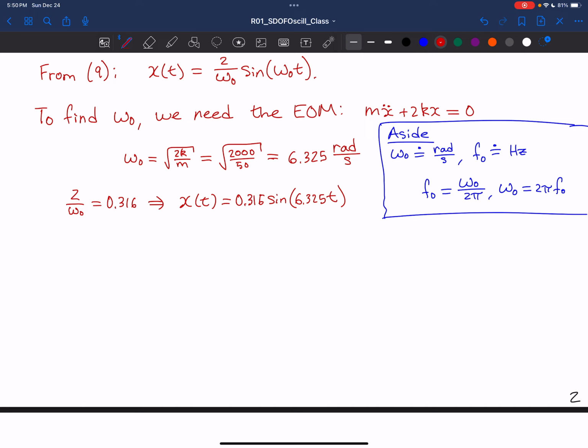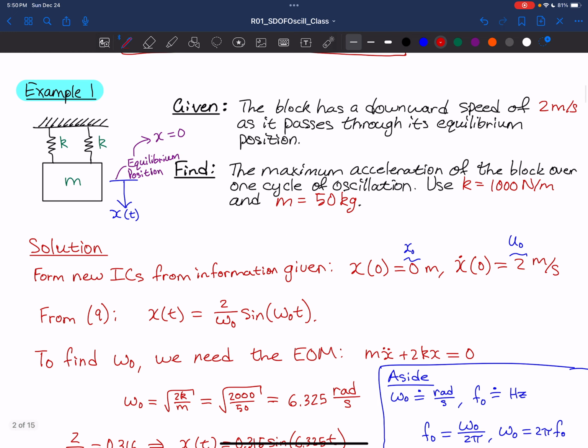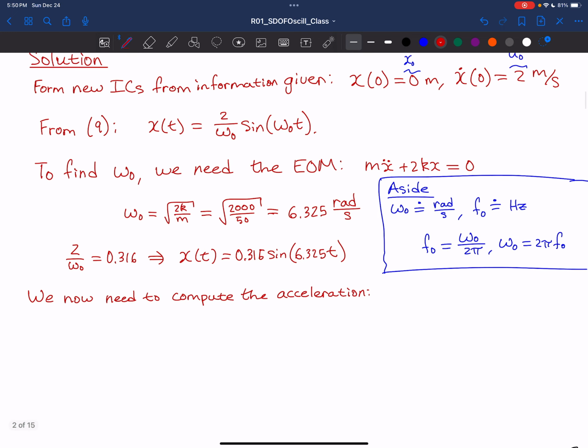From here, we now need to compute the acceleration. So we know the displacement. We're asked to find the maximum acceleration. And in order to find that, we're going to have to then compute the acceleration.